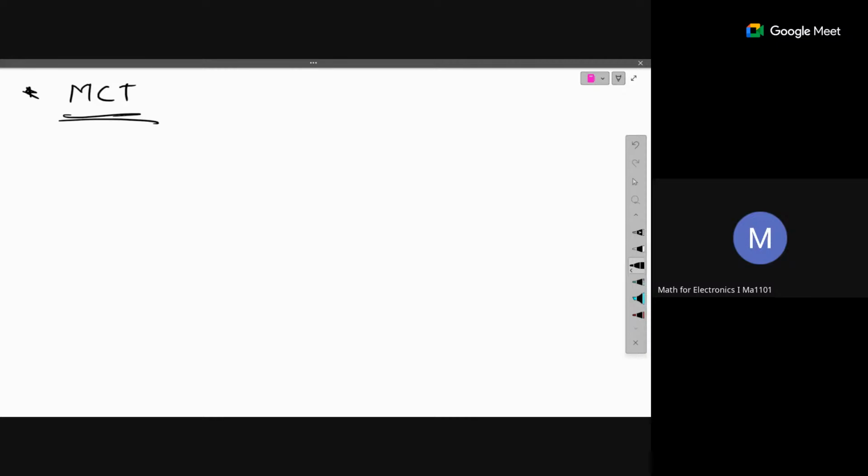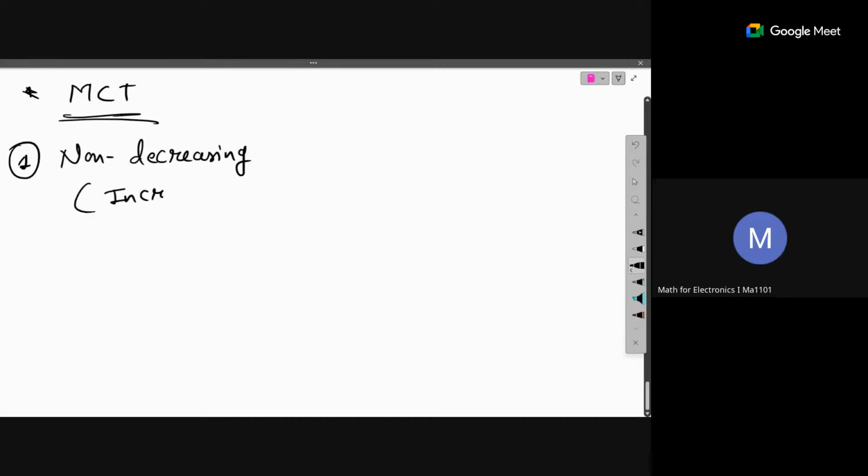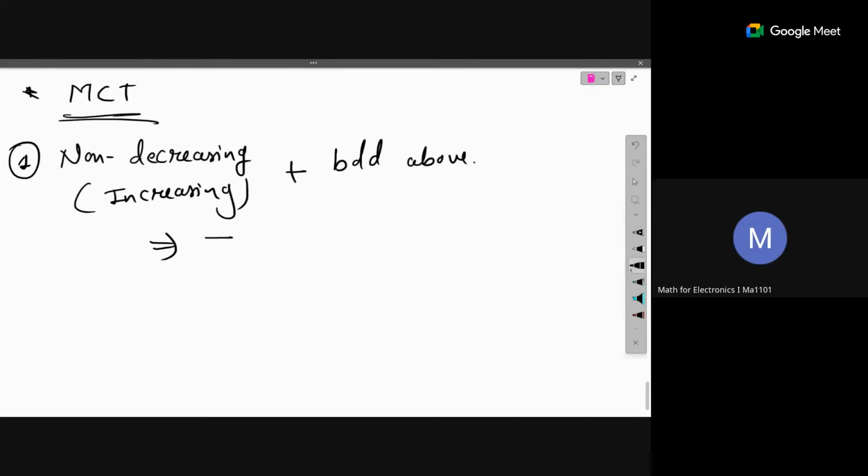The first statement says that if a sequence is non-decreasing, meaning an increasing sequence, plus it is bounded above, then it has a limit. That is what the monotone convergence theorem says.